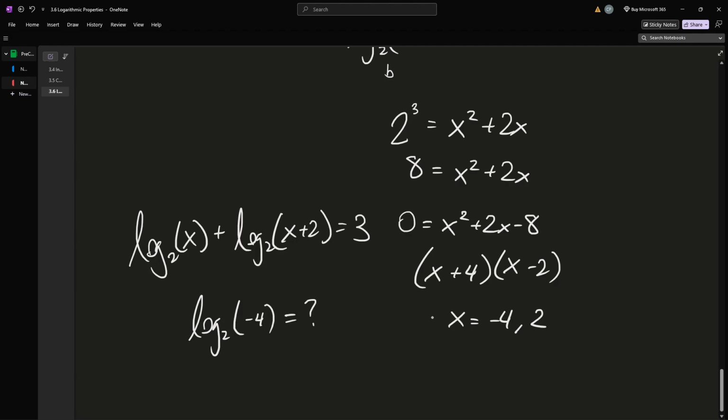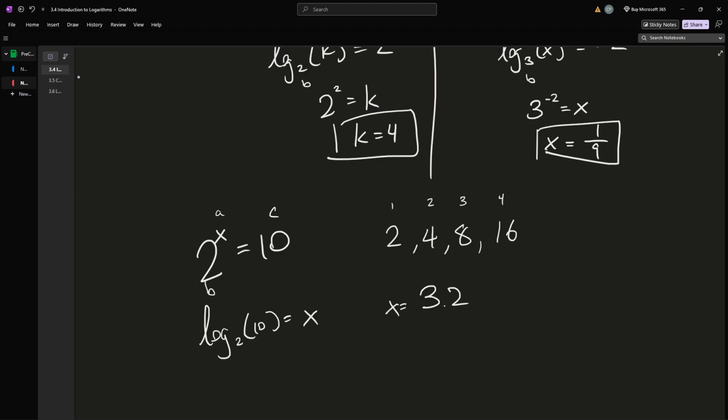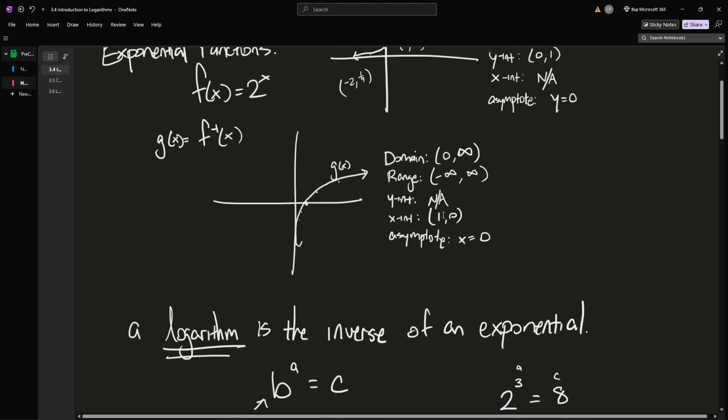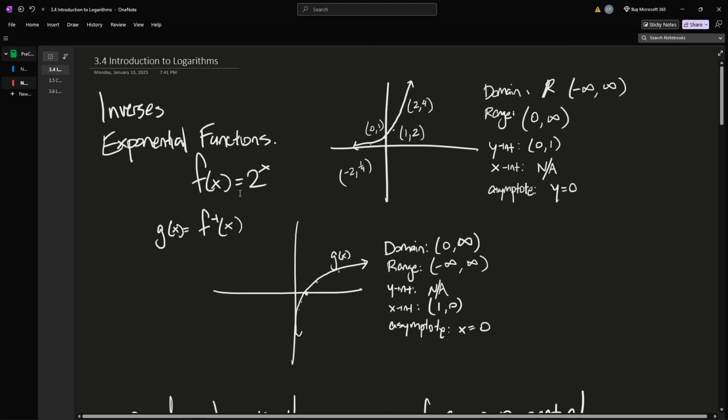Does this work? What is our domain of log functions? Our domain of log functions, as we first learned it, because log functions are inverses of exponentials. And in exponentials, our range cannot be negative. Therefore, in logs, our domain cannot be negative.